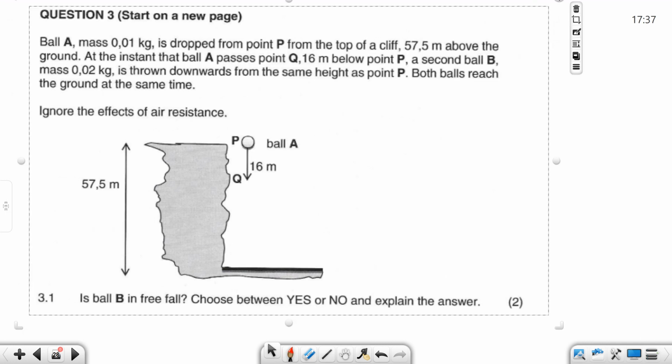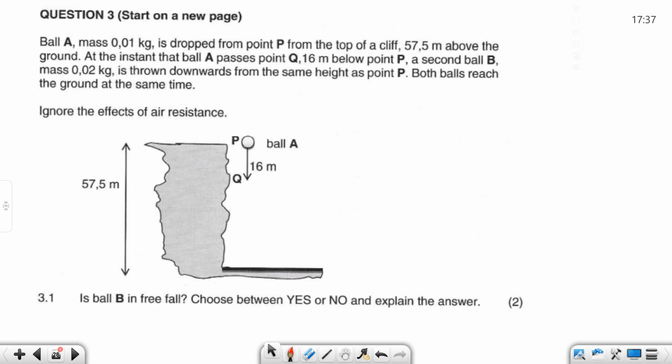Ball A of mass 0,01 is dropped from a point. I know that a lot of us think that if something is dropped, you say 0. No. I've always had that misconception. Dropped, ask yourself from the point at which it's been dropped. If it's dropped from a stationary point, then it's 0. If it's dropped from a moving object, it is the velocity of the moving object.